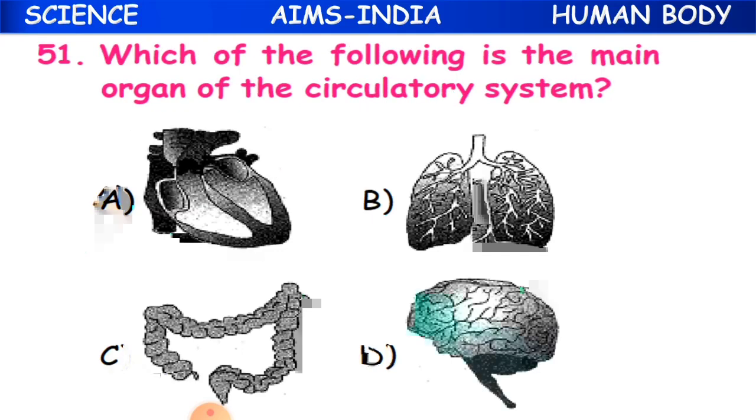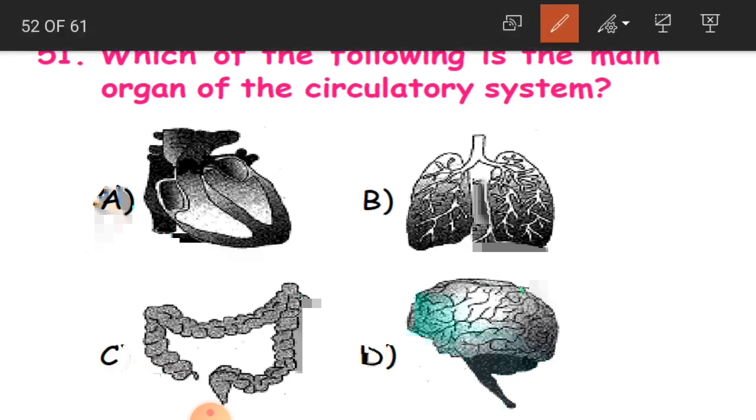51st question. Which of the following is the main organ of the circulatory system? What is the circulatory system, children? Where blood is circulated and blood transports so many nutrients, oxygen, carbon dioxide, blood cells and all that. So in this circulatory system, which is the main organ?